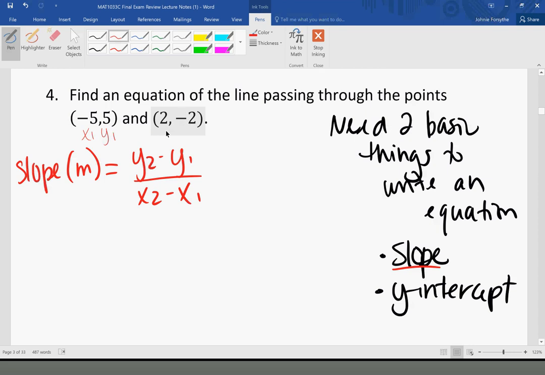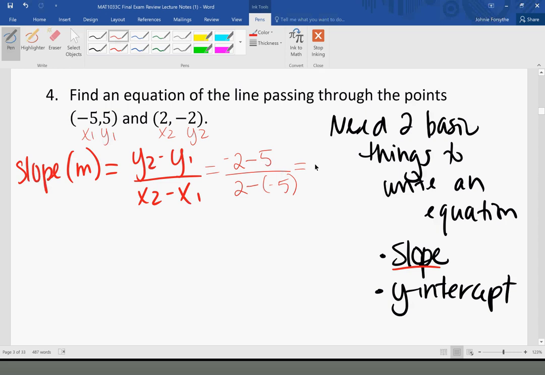This is the second point, so I'll call that x2, y2. All right, so now let's plug these values in. So y2 is negative 2 minus y1 is 5 divided by x2, which is 2, minus x1, which is negative 5.